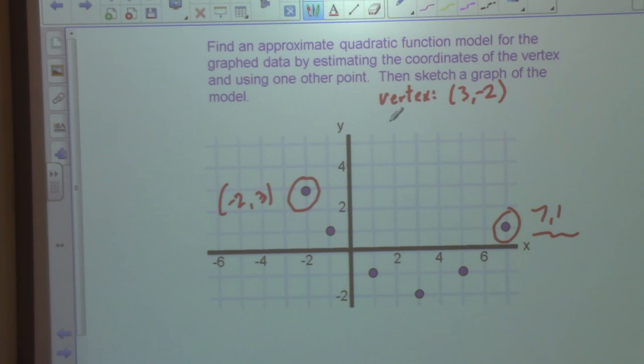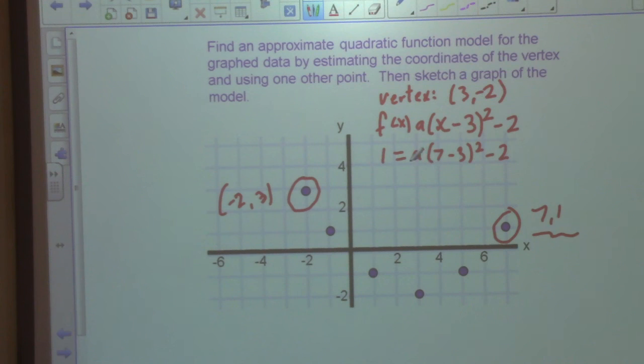And so we're going to have f of x equals a times x minus 3, squared, and then minus 2. Now, if we plug in this point, what would we do? We would have 1 equals a times 7 minus 3 squared, minus 2.